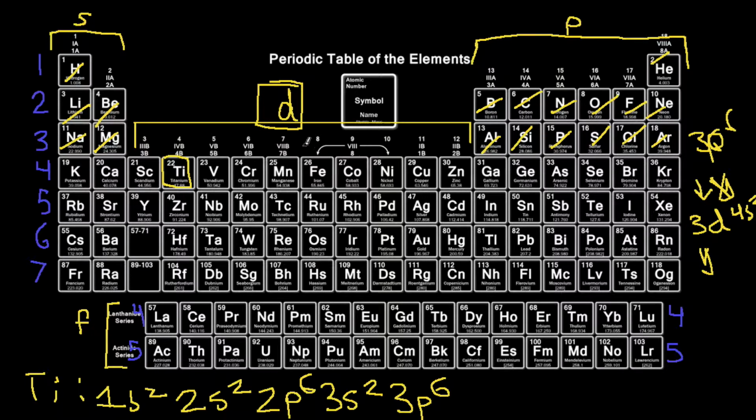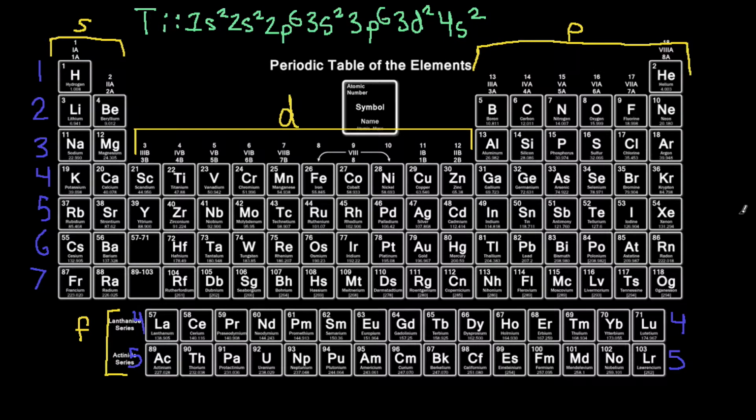I know it seems that way because you go down from the 3p6, you finish that, and you want to go down to these ones, but that's not the case. You're going to be going down to this part right here. So what you're going to do is fill out 3d2, because that's what it takes to get to titanium, and then we'll go to the 4s1 and 4s2. So we're going to fill those out. But it's important to know that you're going to be filling out the 3d orbital before you fill out the 4s orbital.